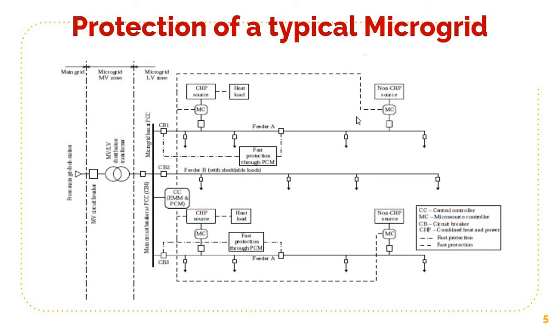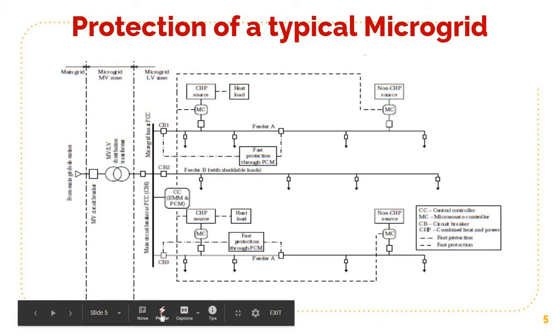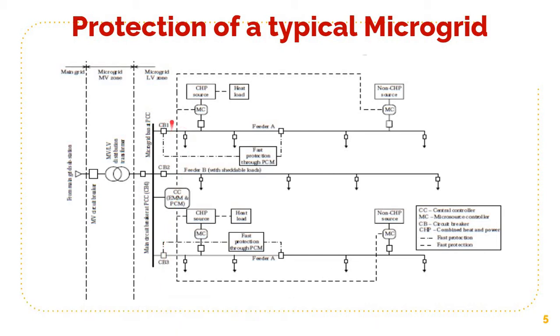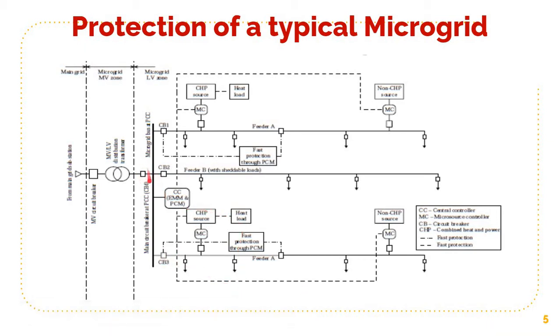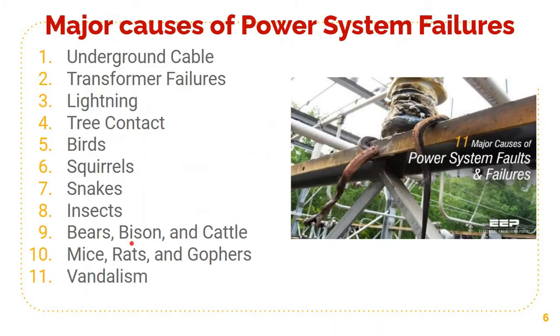There are three feeders: feeder A, feeder B and feeder C. Feeder A has circuit breaker CB1, feeder B circuit breaker 2, feeder C circuit breaker 3. There are some sectionalizing circuit breakers, and there is a circuit breaker 4 here to disconnect the microgrid from the grid. So let us see what are the major causes of power system failure.